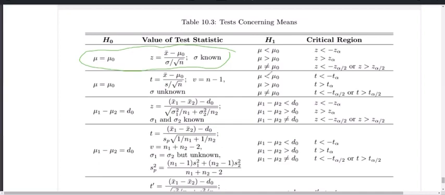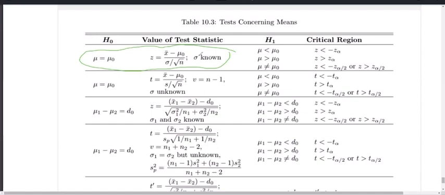So when you take a look at this one now, you use this when you are testing hypotheses about the mean. You're dealing with one population and the standard deviation is known. When I say standard deviation is known, I mean the population standard deviation, not the sample standard deviation this time around.